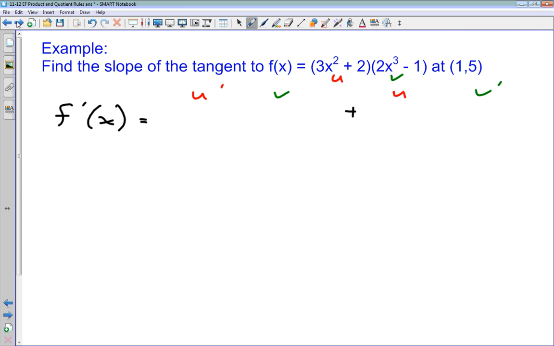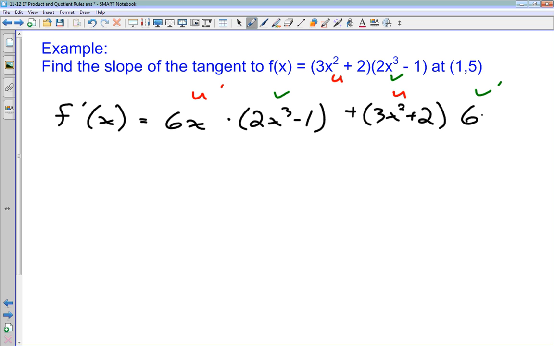The derivative of u is just 6x, since u is 3x squared plus 2. So it's 6x times our original function v, 2x cubed minus 1. Then we take our original function u, 3x squared plus 2, and multiply that by the derivative of v. We've got v as being 2x cubed minus 1, so we bring down the 3 to get 6x squared.